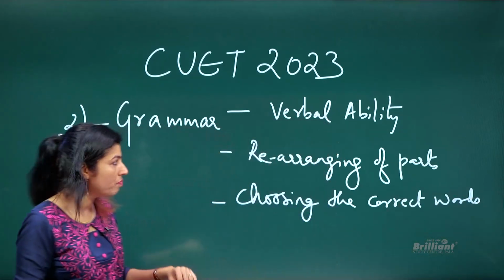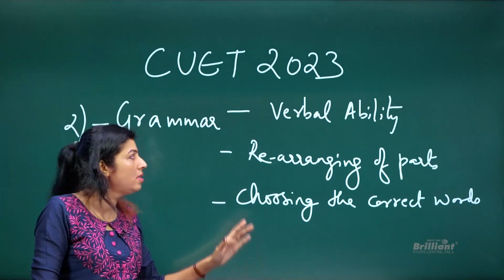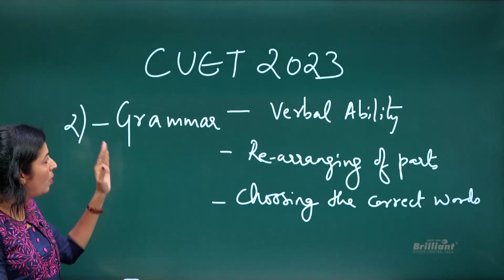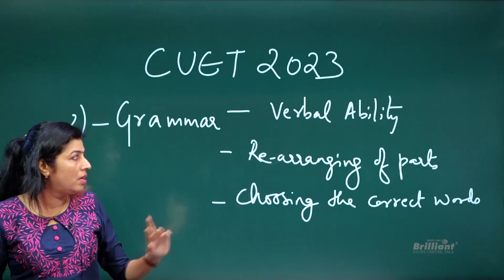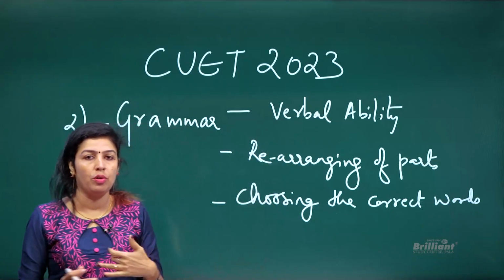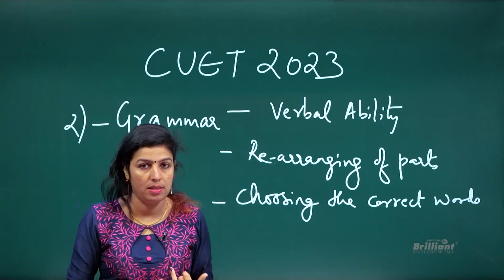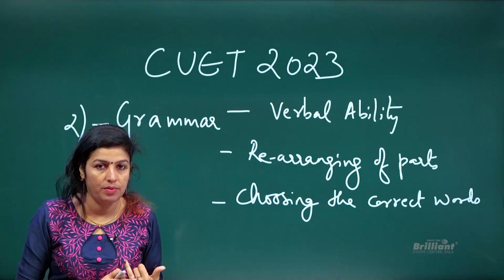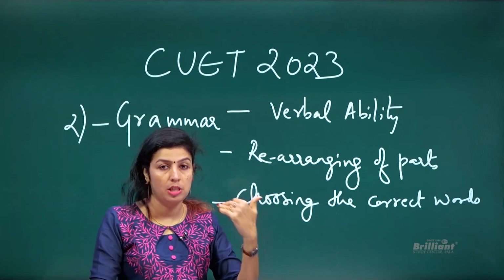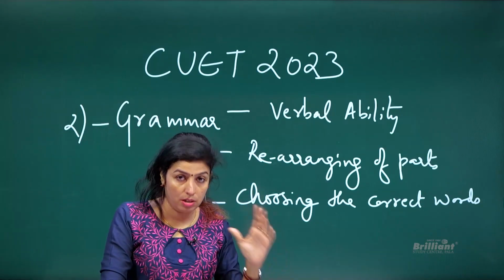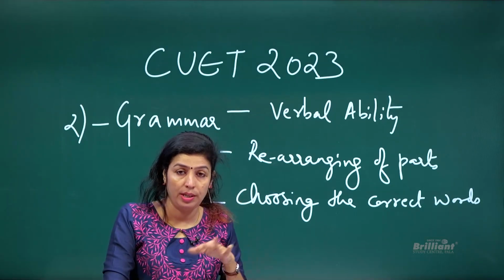grammar. Okay, so the second thing which you have got included in your syllabus is grammar based questions, where we have the subdivisions. Verbal ability. Verbal ability means, see, for verbal ability you need to focus on certain rules of grammar, like the rules on tenses, then rules on active and passive voice construction, then the rules on using prepositions in their proper place, use of conjunctions, and then the rules on changing direct to indirect or indirect to direct.